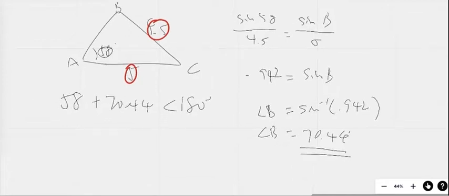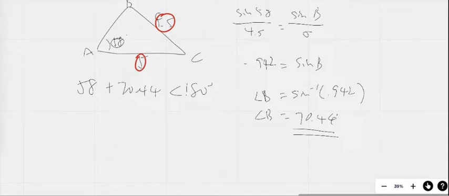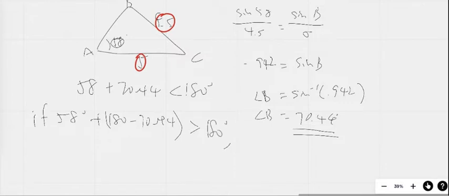However, to test the second solution, you will do 58 plus 180 minus 70.44, and if the number is greater than 180, you only have one set of solutions.